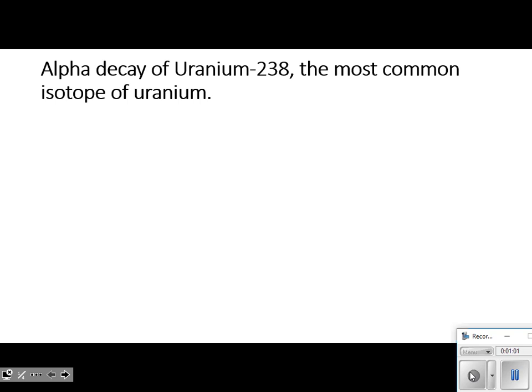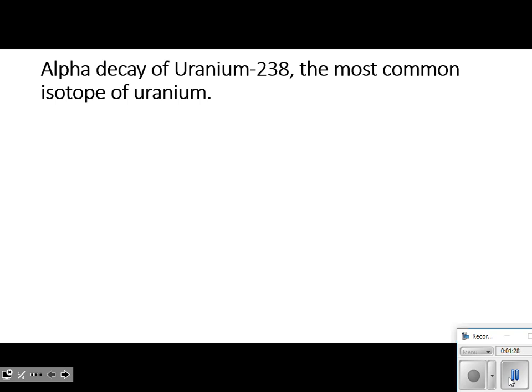So, what I would like for you to do first of all, the very first question we have is the alpha decay of uranium-238, which is the most common type of uranium. What I need you to do first of all is write right below that, and save room because you're going to write two different equations.